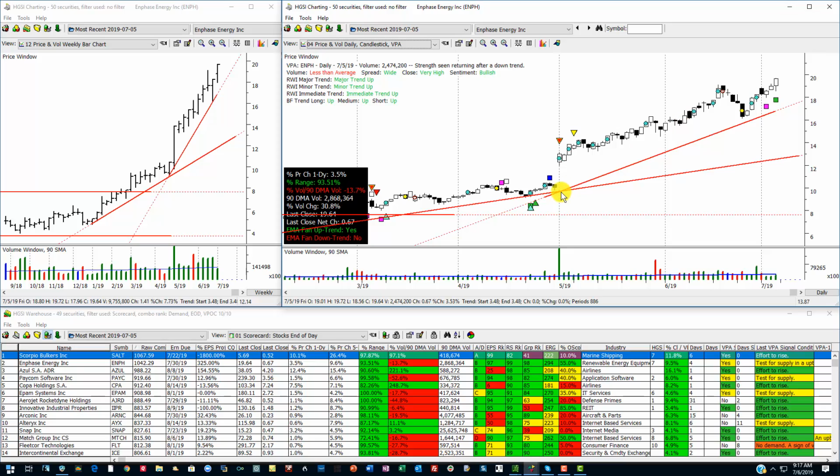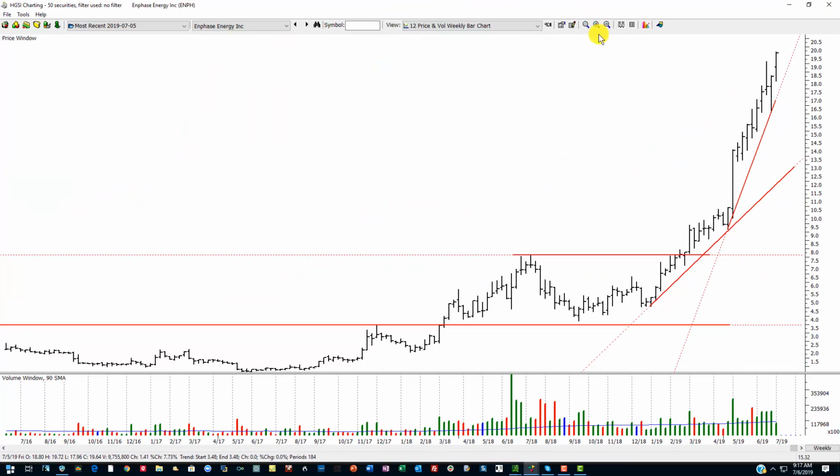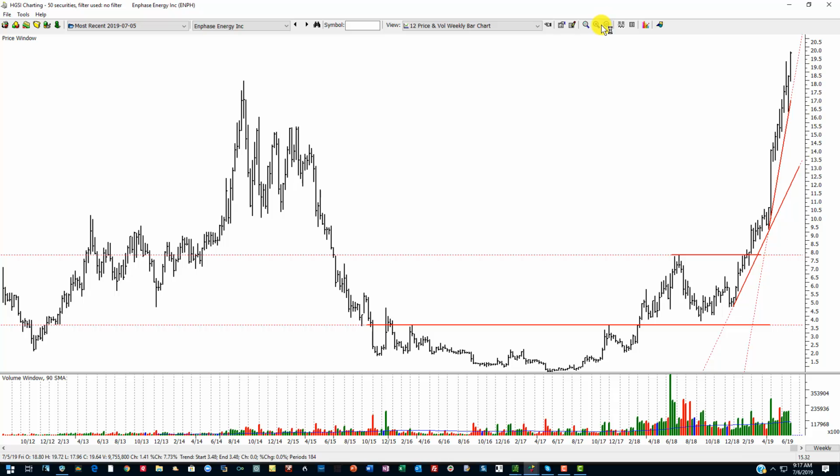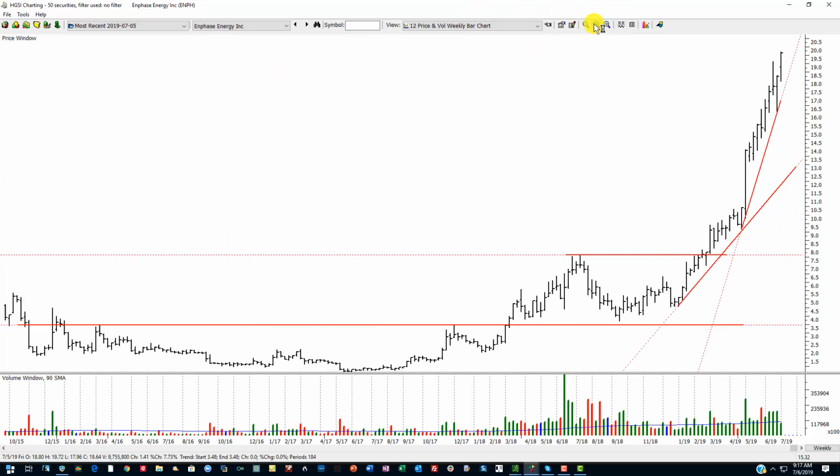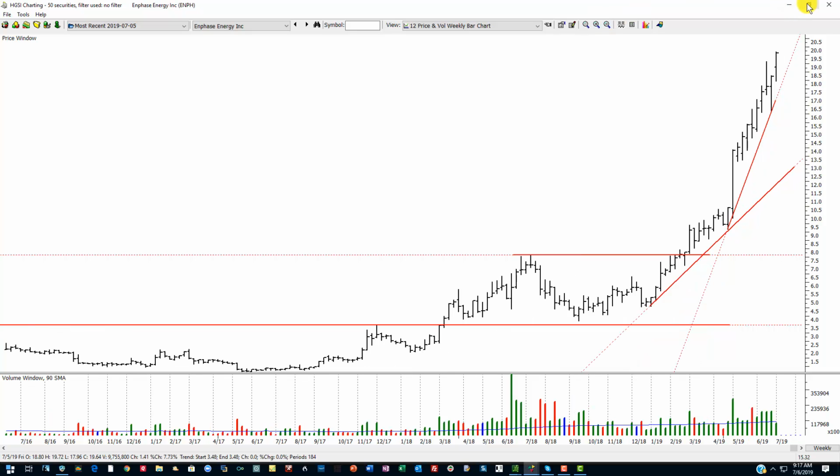So by using the background with trend lines and so on, you know what is in the past, and this stock has broken out to a new all-time high, I believe. No, yes, it did make it past here. So you know exactly what's in the background right now.